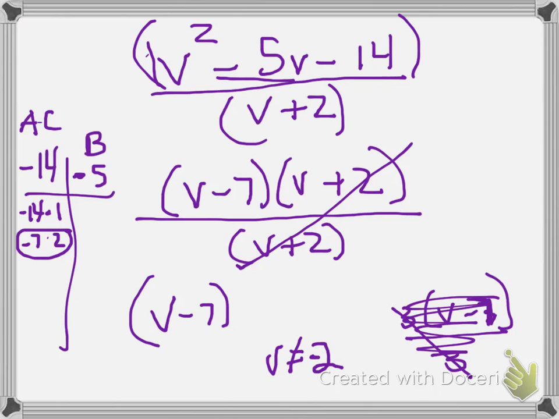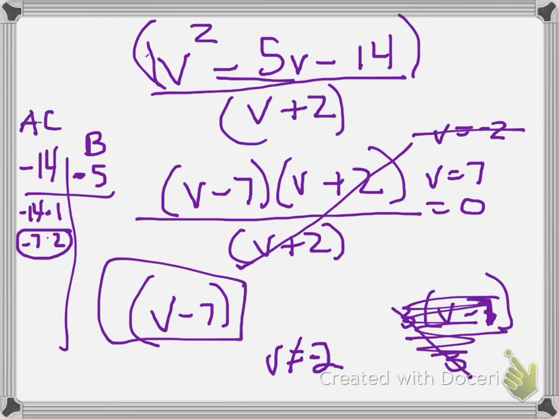And what we do know is that up here, the two possible answers were v could equal 7, if all of this equaled 0 over here, and or v could equal negative 2. That one's not going to work because we already know v can't equal negative 2. So v is equal to 7 is the only possible answer. And that's how it's done.